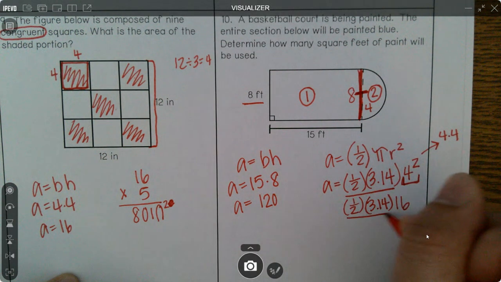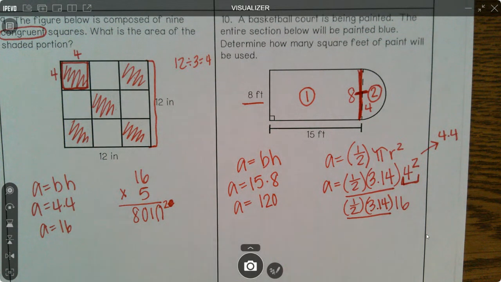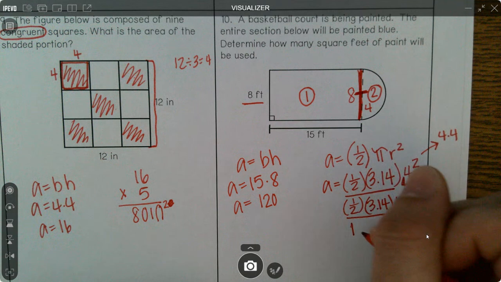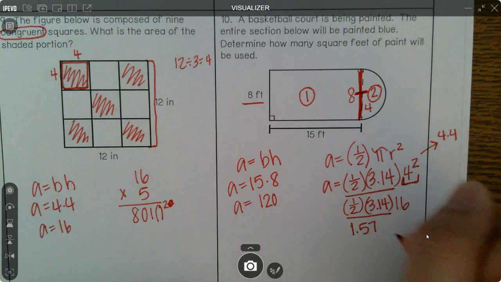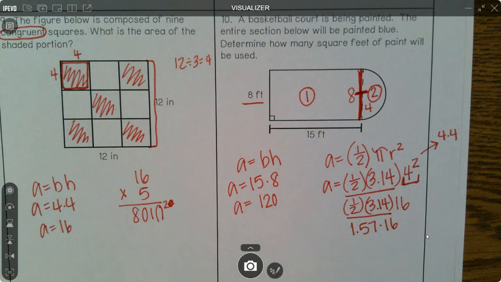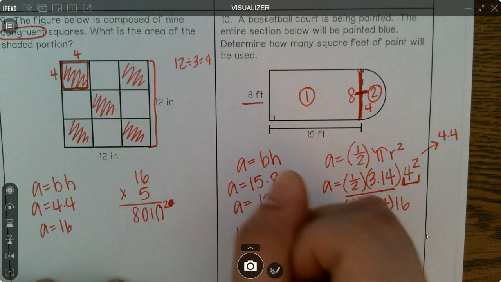Okay, so now if I divide 3.14 by 2, I get 1.57 times 16. And when I get 1.57 times 16, let's work it out.